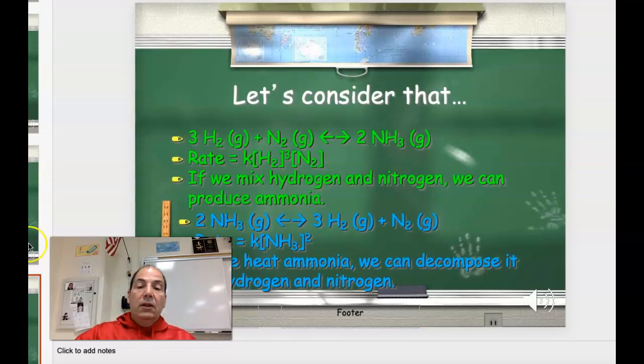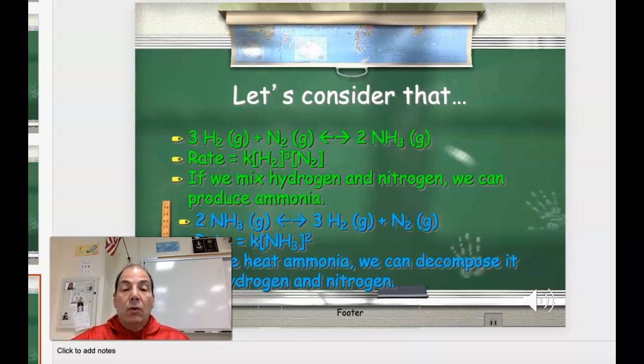Notice that I put double arrows into these reactions. We have to understand that many reactions are reversible. So even though the reaction I'm starting with is hydrogen plus nitrogen makes ammonia, I have to consider that the reverse reaction will happen over time unless I prevent it from happening.